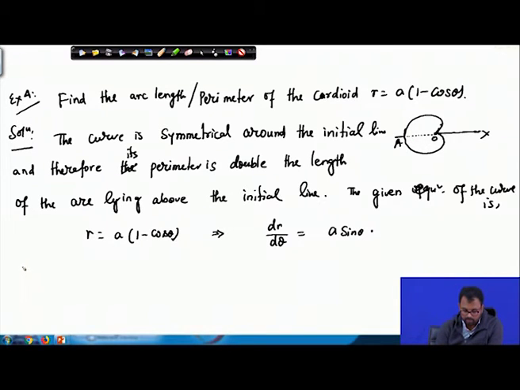Now, the required arc length or perimeter. Let us use the term perimeter. So, the required perimeter equals 2 times the length of the upper arc.